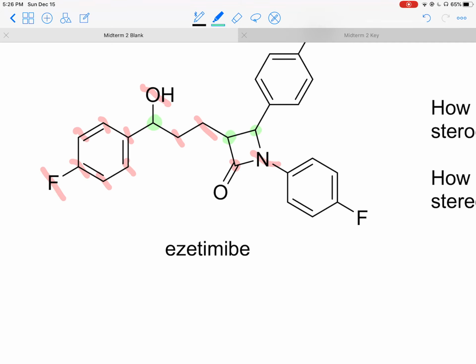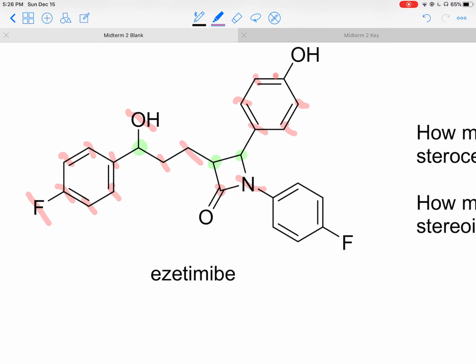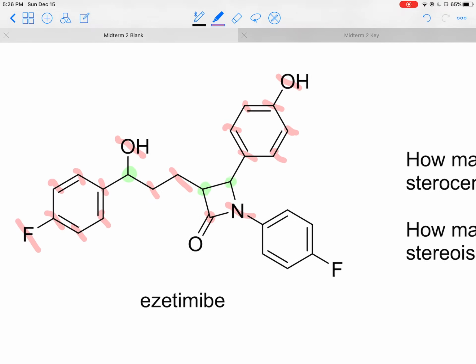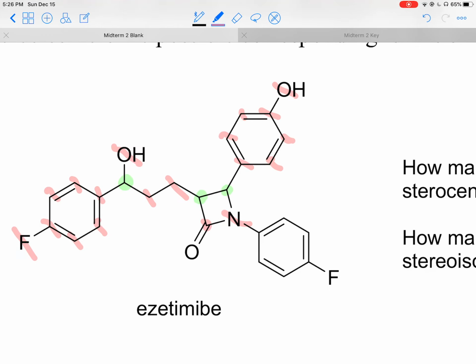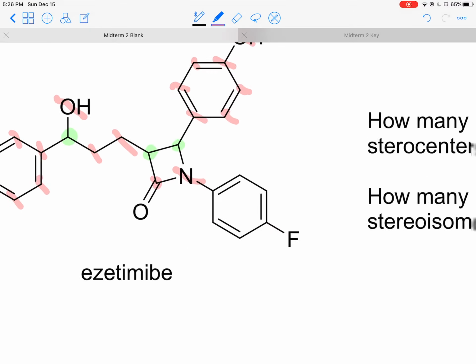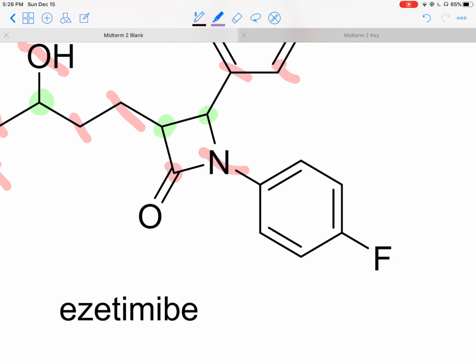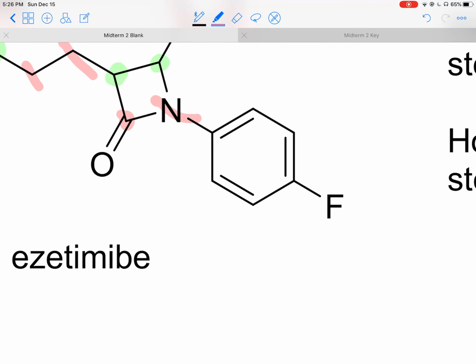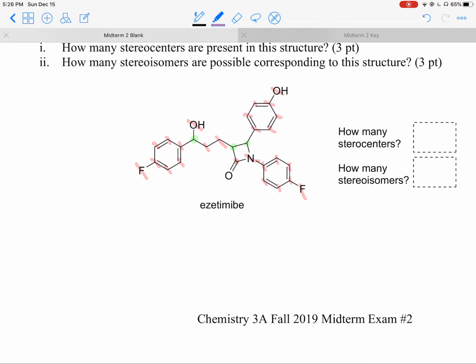None of the ones on the benzene can be stereocenters, along with this oxygen, because it has 2 lone pairs. And then none of the ones on the benzene here can be stereocenters, along with this fluorine. So that's 3 stereocenters. Oh, and also not this oxygen, because it has 2 bonds.